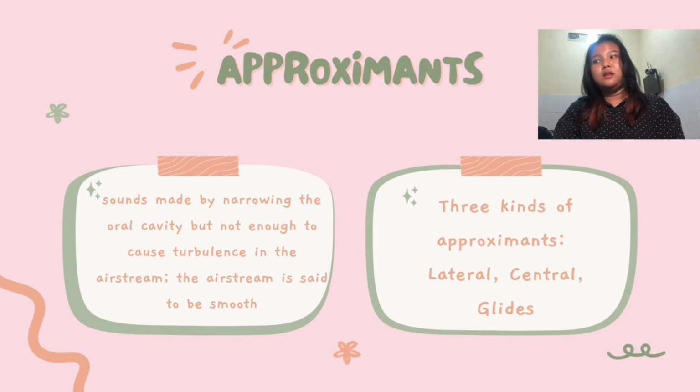And the last one is glides. Common 2 kinds are palatal and labiovelar. So palatal glides are made by raising the tongue towards the hard palate, close to where the vowel in it is made.